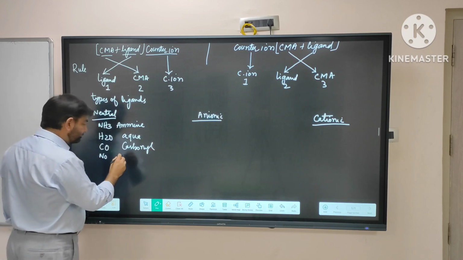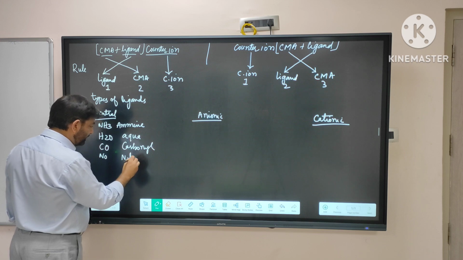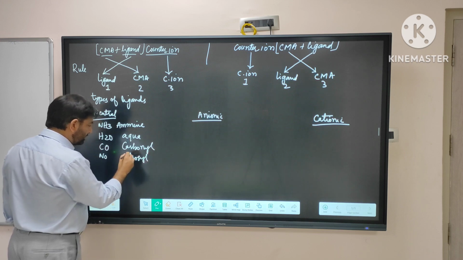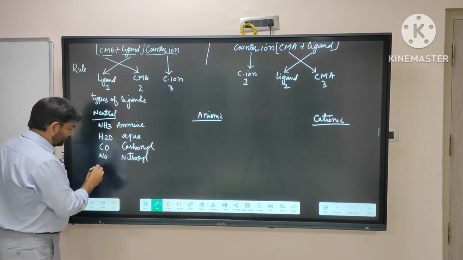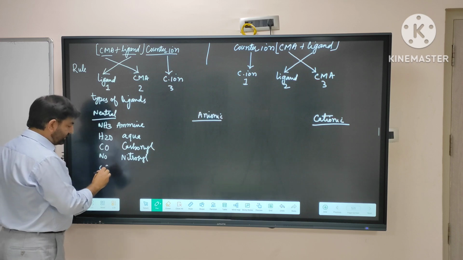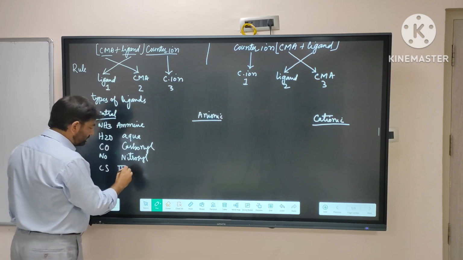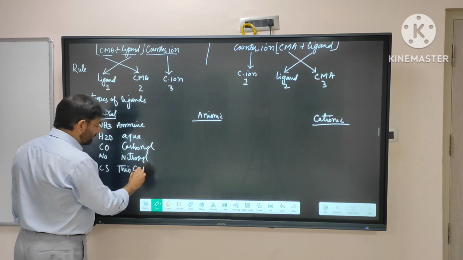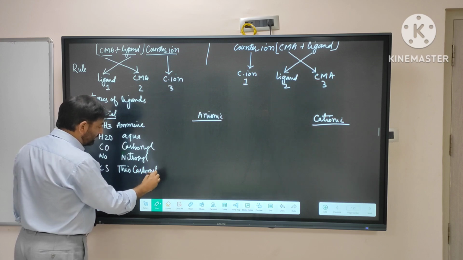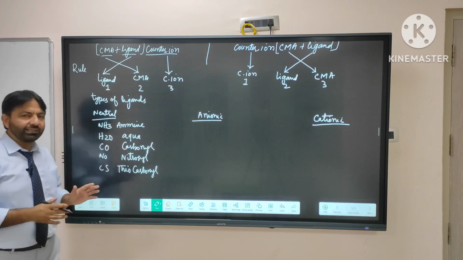NO we call nitrosyl, and one more I can write, CS, thiocarbonyl. So these are the neutral ligands.